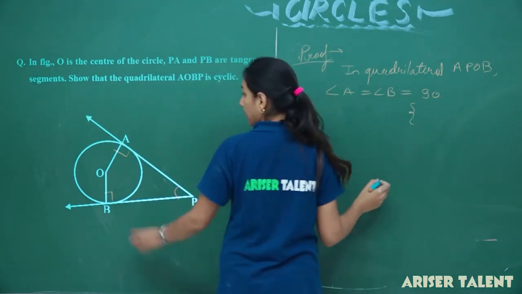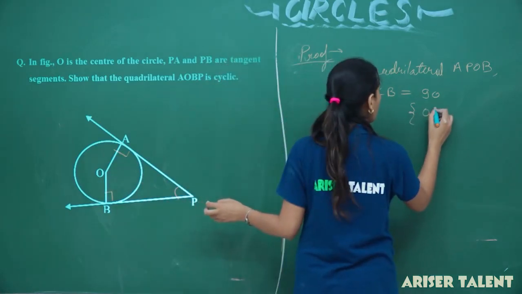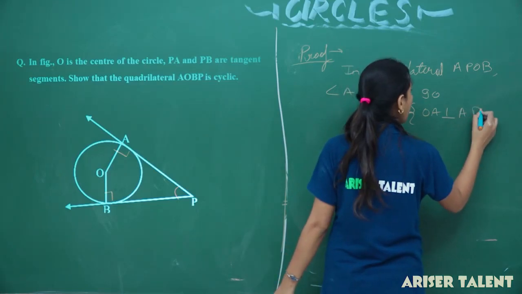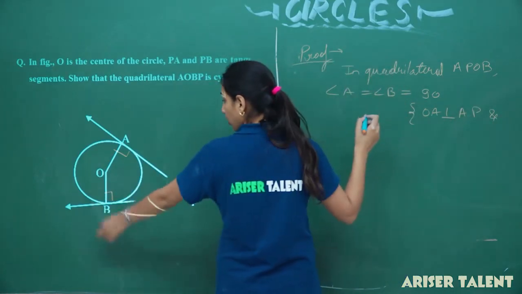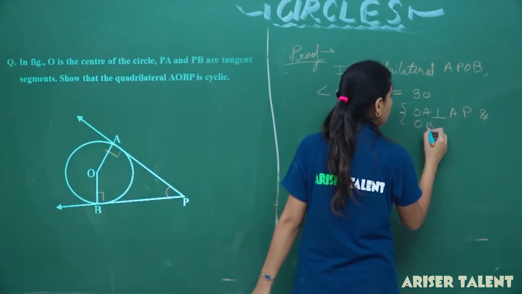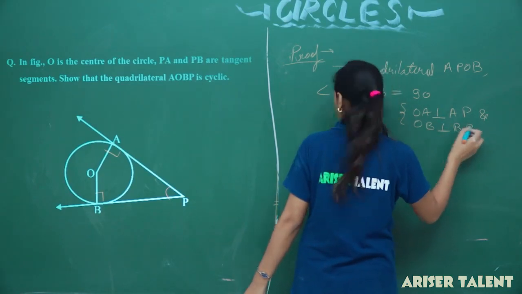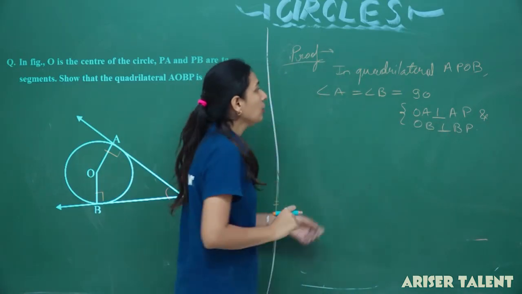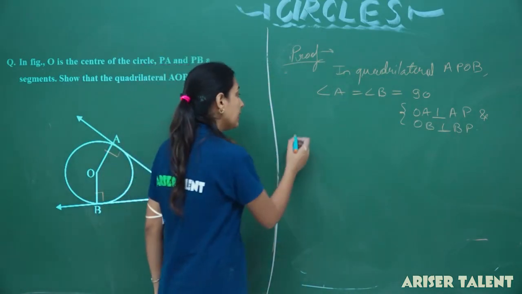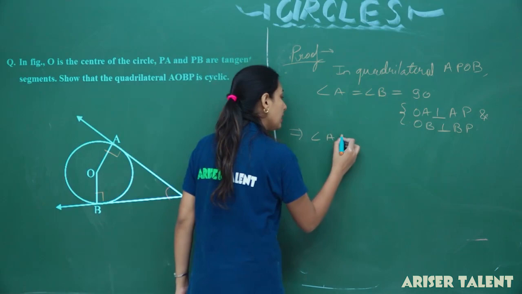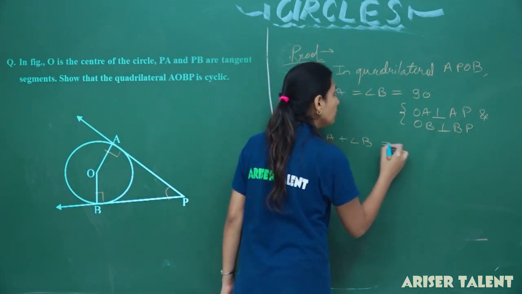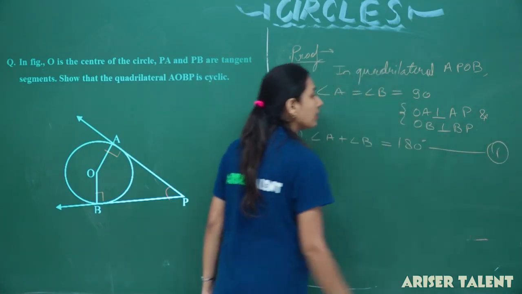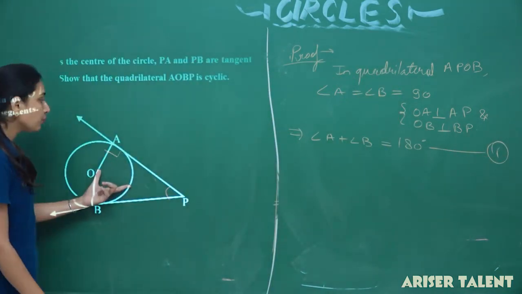Why? Because OA is perpendicular to AP and OB is perpendicular to BP. You know this is radius and this is the tangent, radius and tangent. So, these are 90 degree. This implies that angle A plus angle B equals to what? 180 degree. The first part is proven.